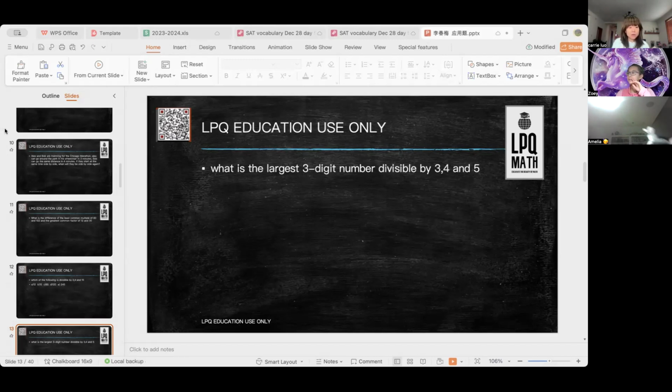What is the largest 3-digit number? So there are 2 ways of doing that, okay? So what is the largest 3-digit number first?